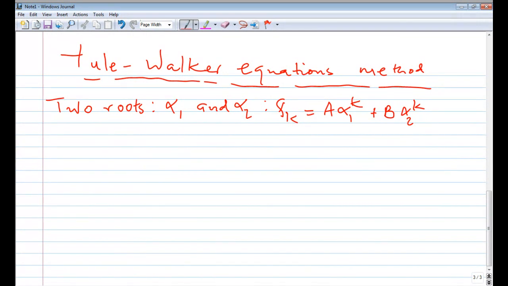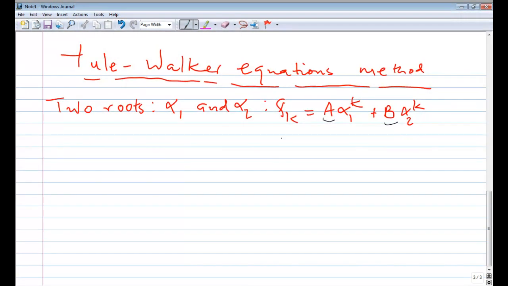In other words, you let k equal 0 to get rho 0, you let k equal 1 to get rho 1, you let k equal 2 to get rho 2, and so on. However, you are supposed to calculate the unknown values there. A and b are constant values. You have to calculate them and find the answers. Then you substitute alpha 1 and alpha 2, which you are going to calculate as well.